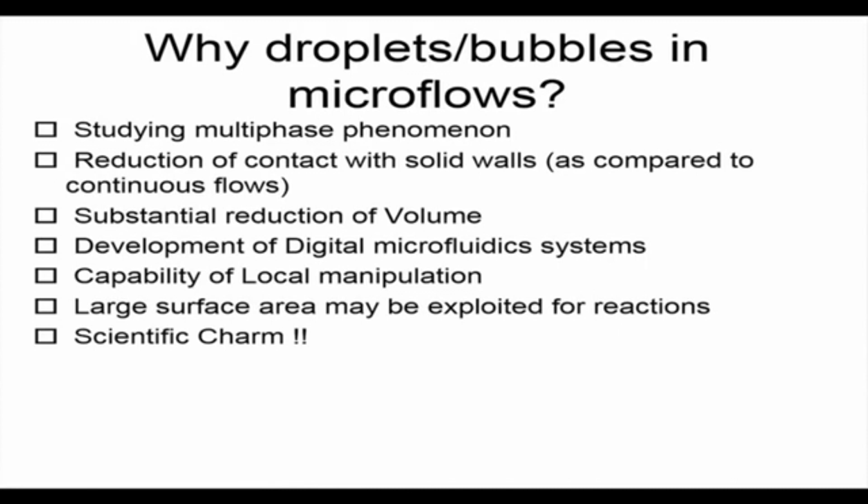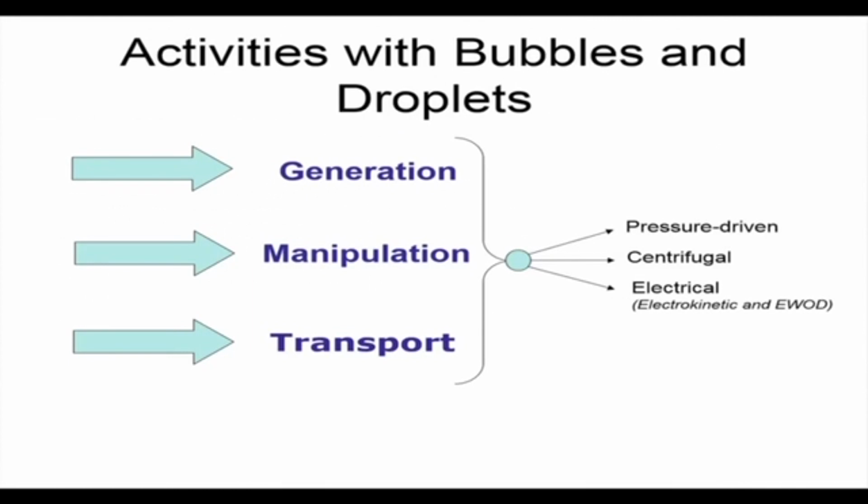Studying science itself can give rise to a lot of fun and a lot of satisfaction, and many times we are driven to study science because of that, and droplet based microfluidics may not be any exception. So with bubbles and droplets, you can generate them, you can manipulate them, and you can transport them.